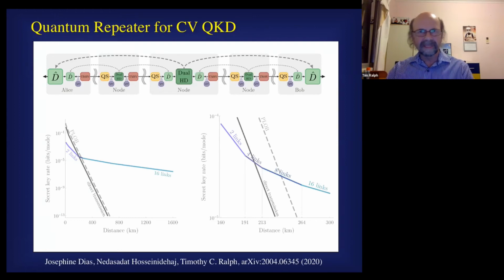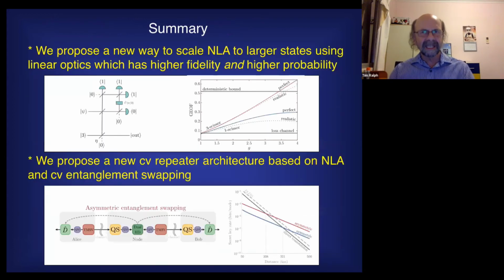So we think these are pretty exciting results, and we're looking forward to further developments. I should say these rates are significantly better than previous CV repeaters, and I just want to emphasize here that this is with just one central station, so just 2 links. We can already see repeater-like behavior.